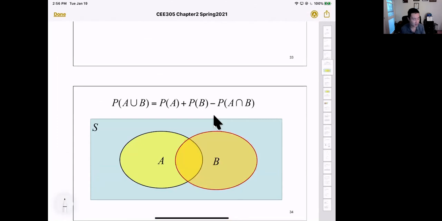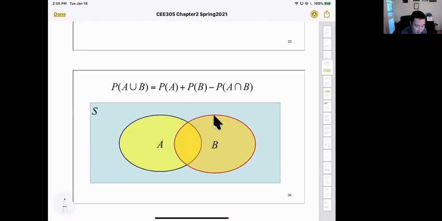So we can write here, if we define A as the event it is too short, okay, and B, this is it is too thick. Okay, so for these two events, they have something in common.